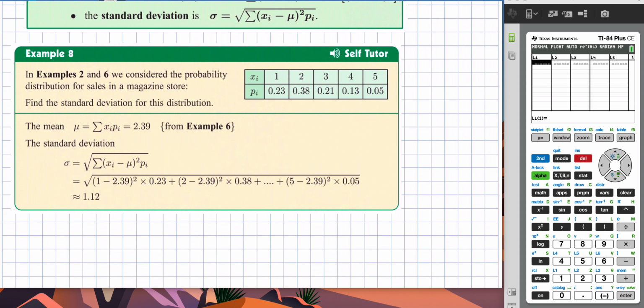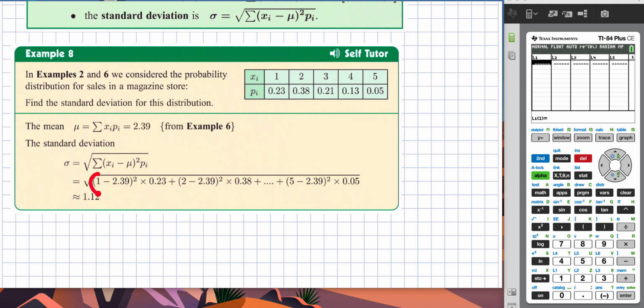To work out the standard deviation, we take each of our values, so there's the 1, take the 2.39, which is the mean, and square that whole thing. Then, and that's what I forgot to say, we multiply that by the probability of that event occurring, so the probability is 0.23.